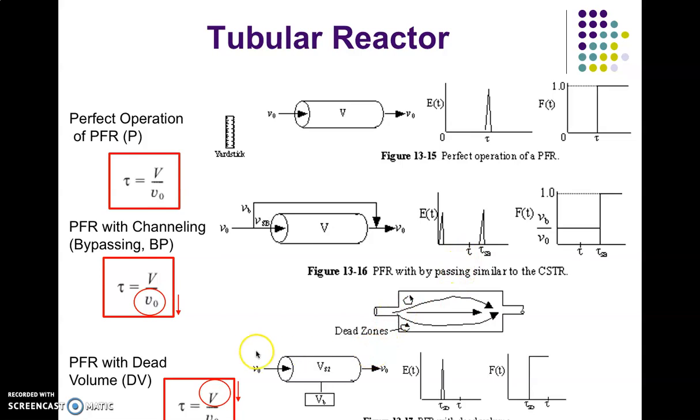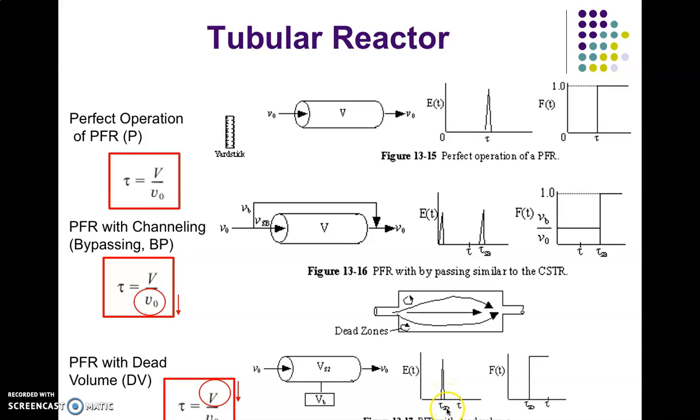Whereas if you have dead volume, it will affect the volume of the reactor, so the volume of the reactor becomes lesser. When your V is lesser, your tau will go down as well. So that tau will be lesser than the ideal tau.